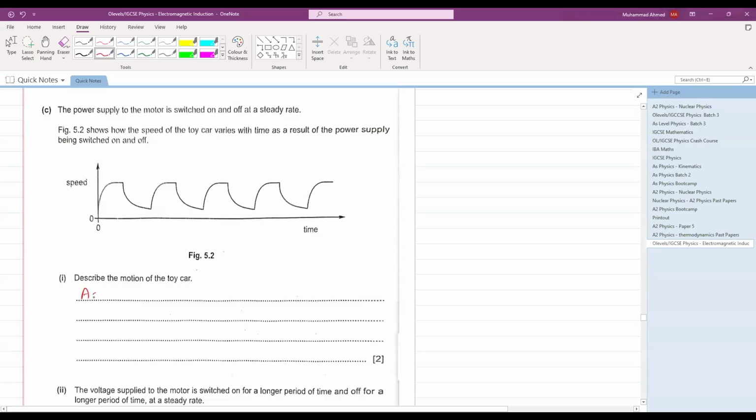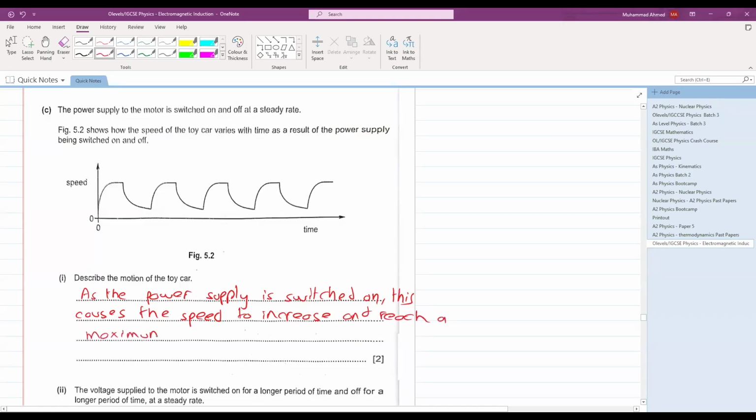As the power supply is switched on, this causes the speed to increase and reach a maximum value.